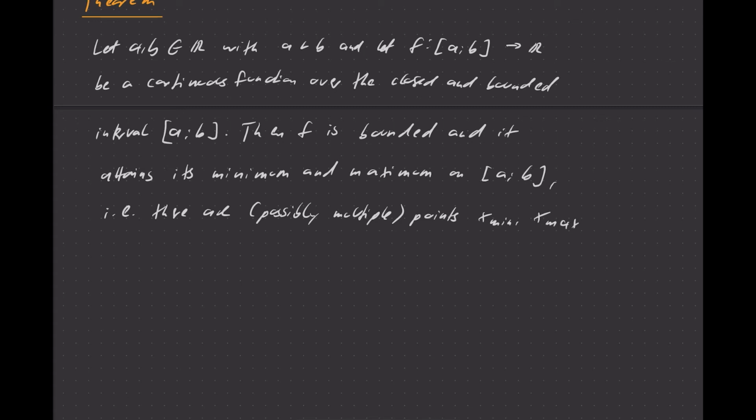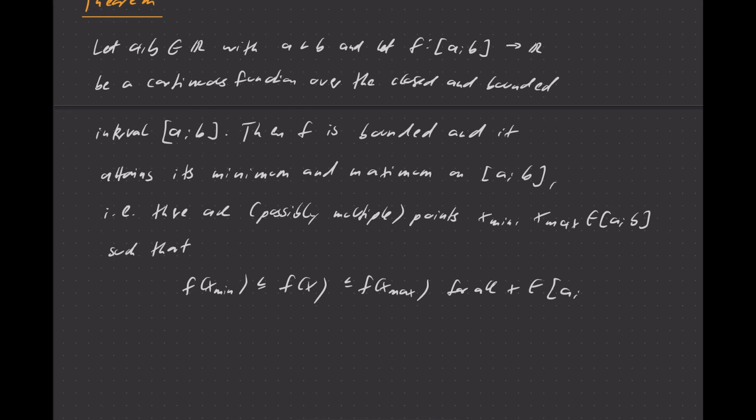The important thing is there exists at least one of each of those in the interval AB, such that where x min is a minimizer, that means f of x min is less or equal to f of x for all x in the domain, and x max is a maximizer, so that's greater or equal to f of x for all x in this interval between A and B.